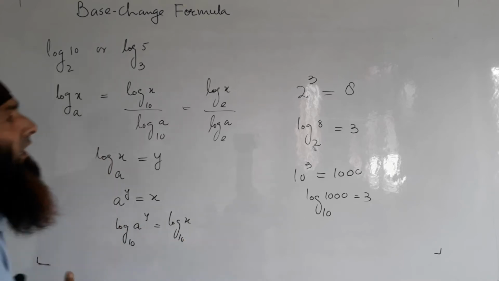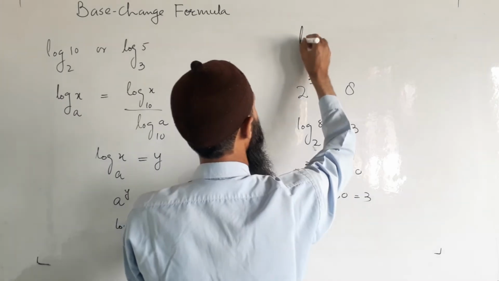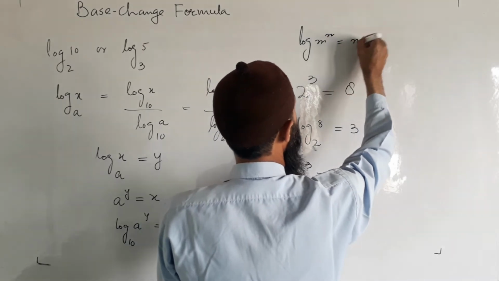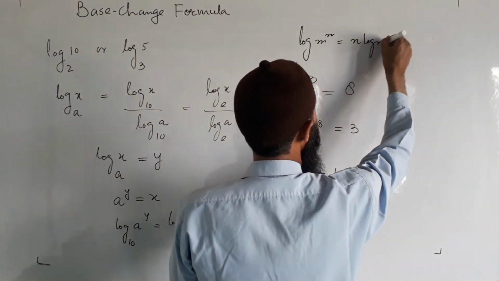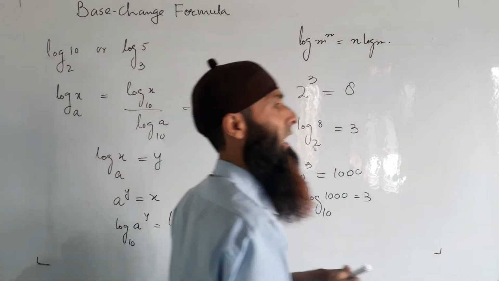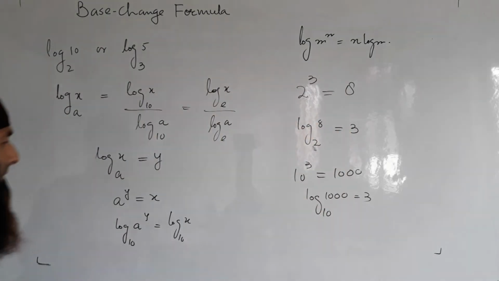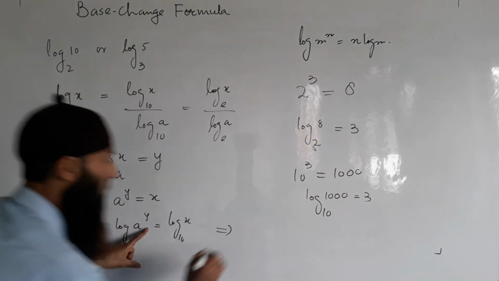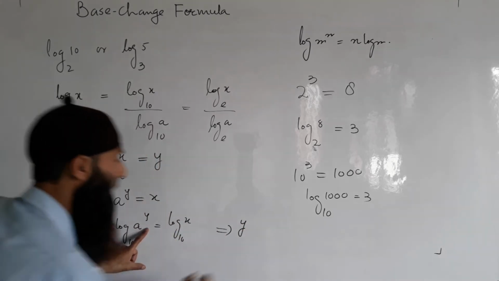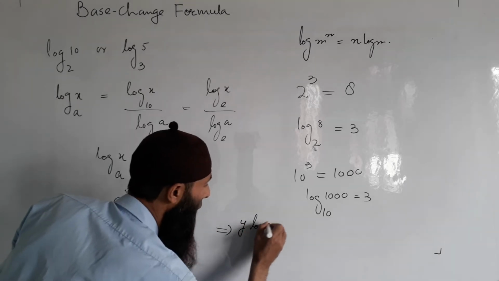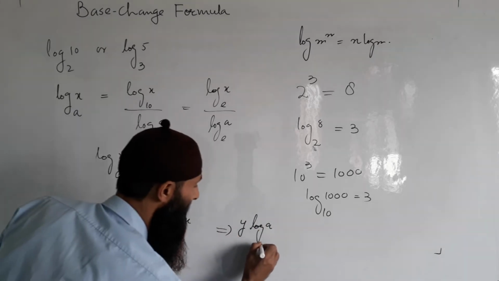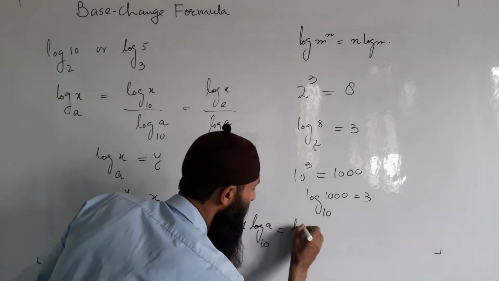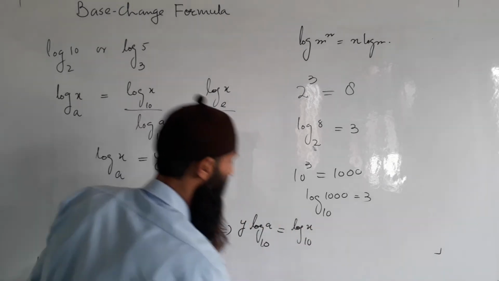Now we'll use the formula log of m to the power n is equal to n log m. So let's use this formula here. We will get y log of a to the base 10 is equal to log of x to the base 10.